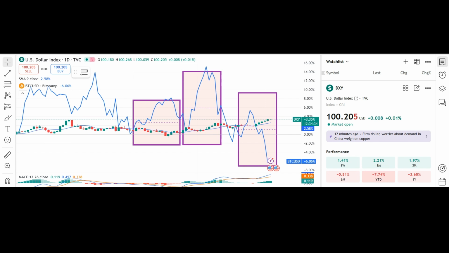Whenever I find that the DXY is increasing, I know that there might be a sell-off in major assets, and I try to position my purchases accordingly. So that is all for me for today.